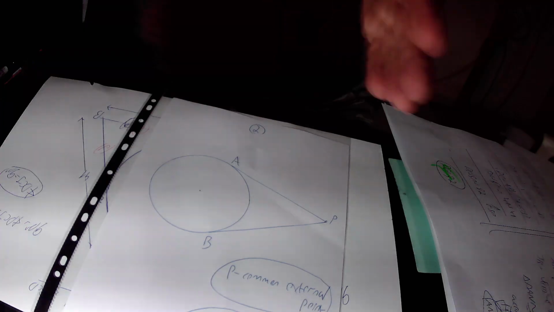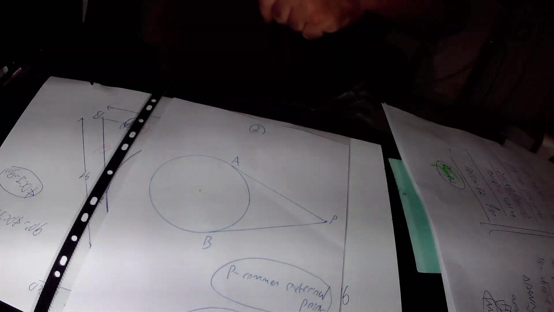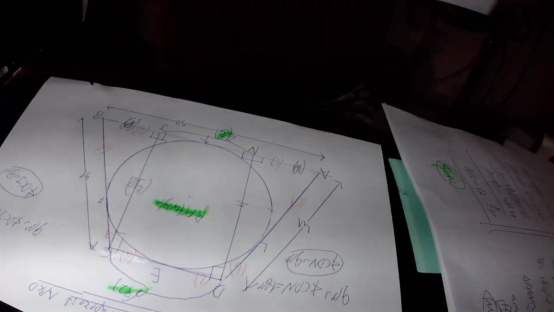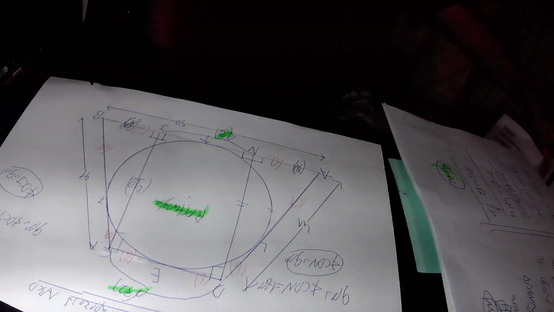And according to this rule 2, they are equal to each other in their lengths. That is to say, PA equals PB. We can implement rule 2 in our drawing.